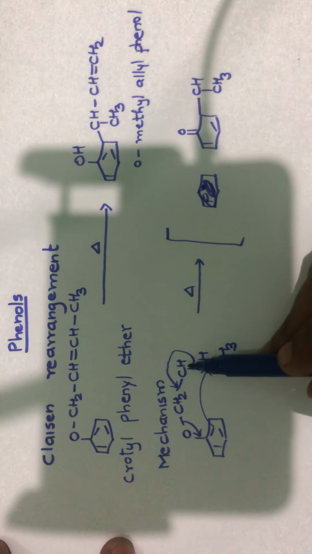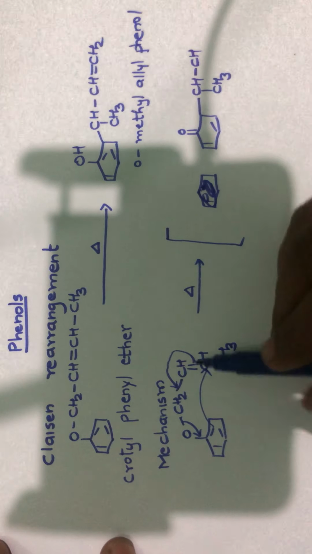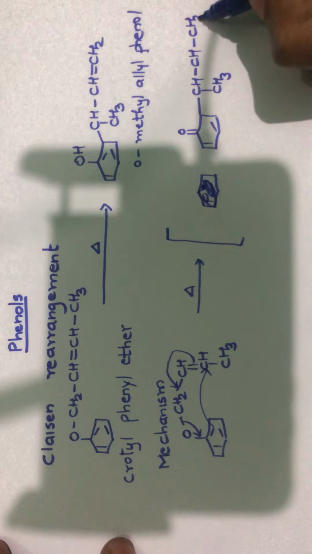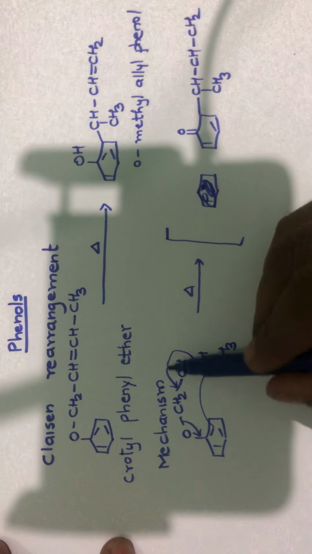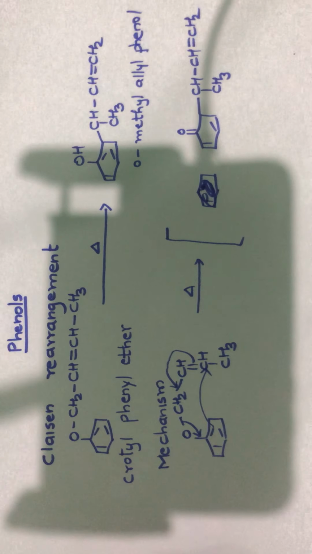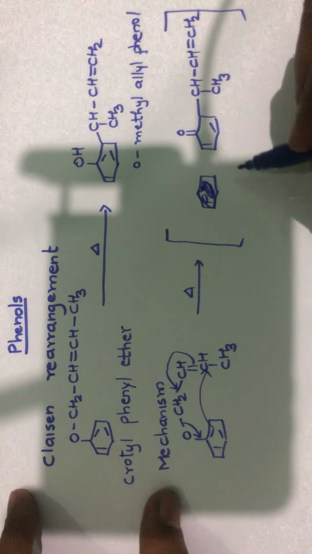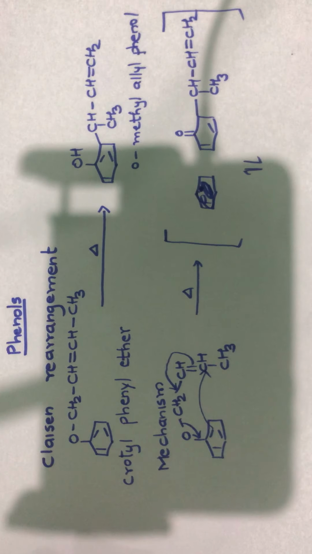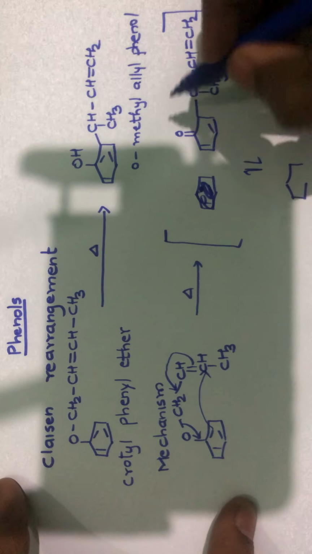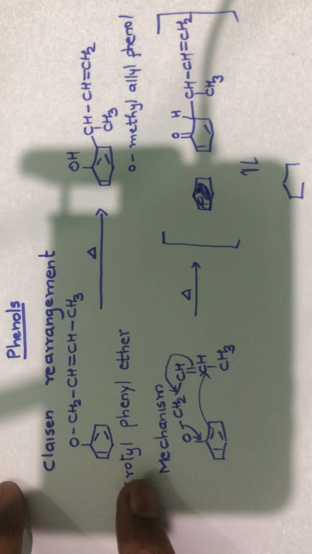Next, we have CH, this CH, and then we have CH2. The double bond has shifted here. Look at this. This is what you get. Now there will be an equilibrium in this compound. You will be having a hydrogen here.